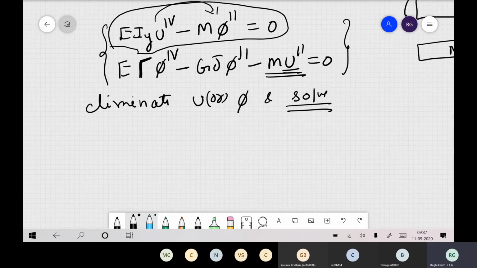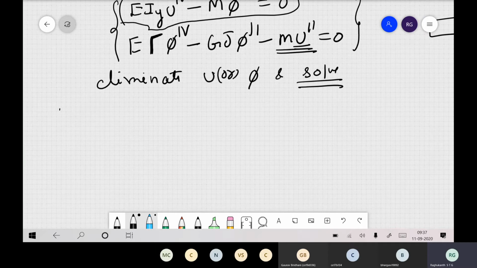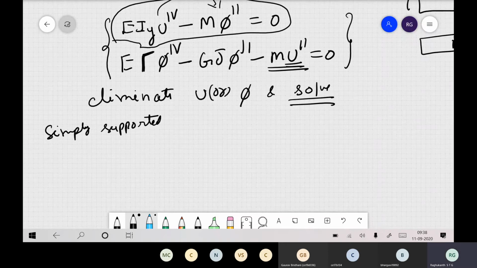But for our simplicity, suppose the ends are simply supported. Now what are the basis functions? What are u and phi, what do you have to assume? The buckling mode shapes.